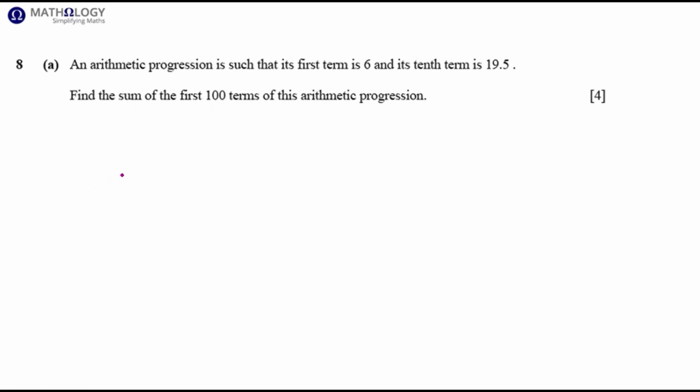Question 8. An arithmetic progression is such that its first term is 6 and the 10th term is 19.5. We're required to find the sum of the first 100 terms of the arithmetic progression.